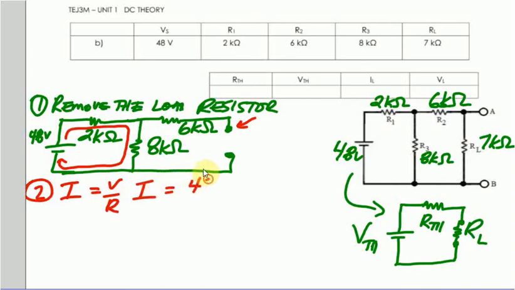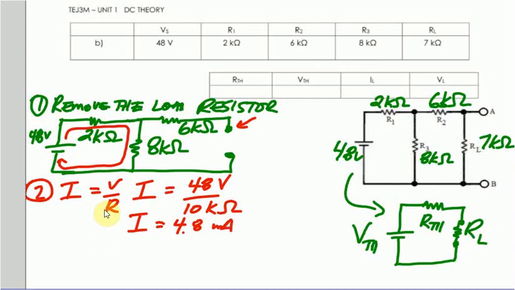So that's 48 volts divided by 2K in series with 8K. So that's going to be 10K ohms. Change that 10K ohms to 10,000 ohms, and 48 divided by 10,000 ohms comes out to 4.8 milliamps. So I've got 4.8 milliamps of current.